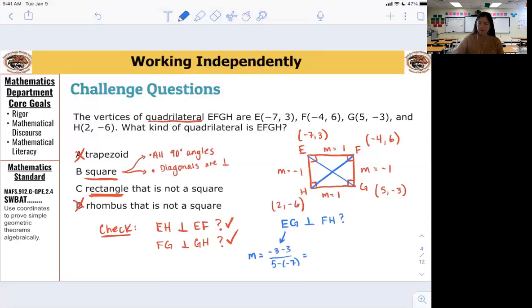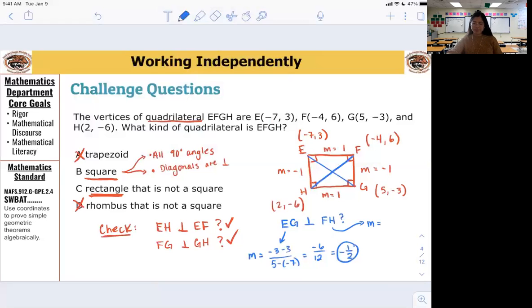Okay. What's -3 minus 3? -6. 5 plus 7 is 12. And -6 divided by 12? -2. Nope. Oops. What is it? -1/2. Good. That's EG. Now let's check FH.